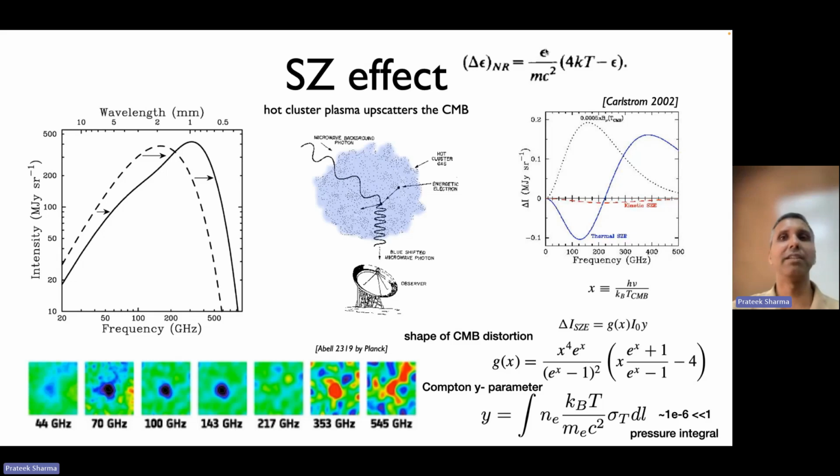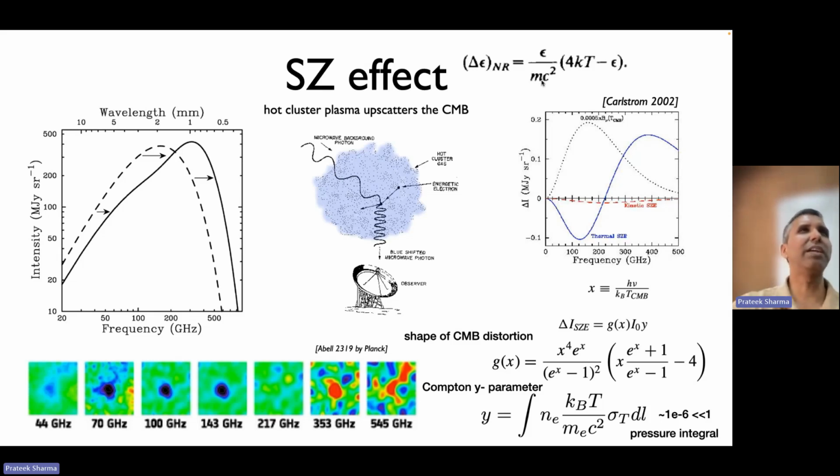For the CMB, this epsilon corresponds to the energy of k_B T at 2.73 Kelvin, whereas the electron is at keV, so epsilon can just be ignored. So basically, in every interaction between an electron and a CMB photon, delta E by E for the photon will be 4 kT by m c squared.